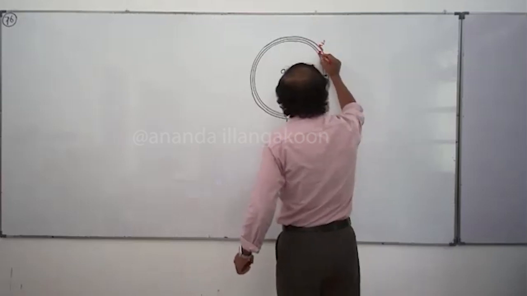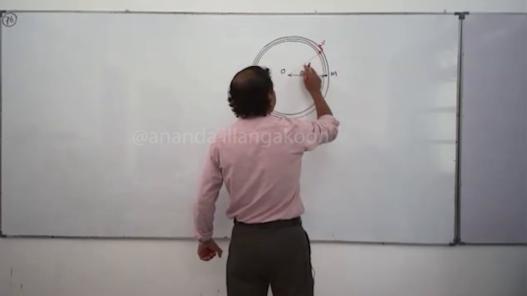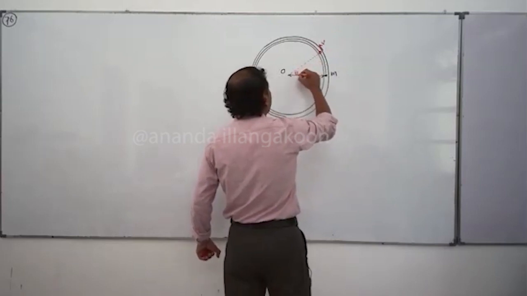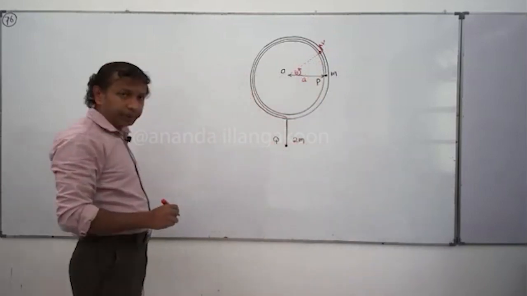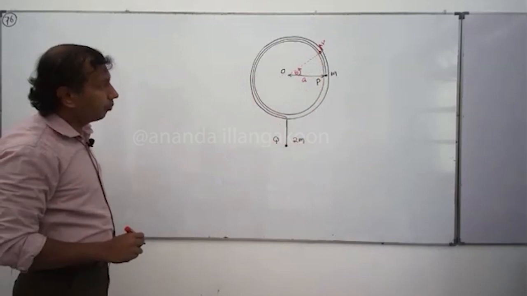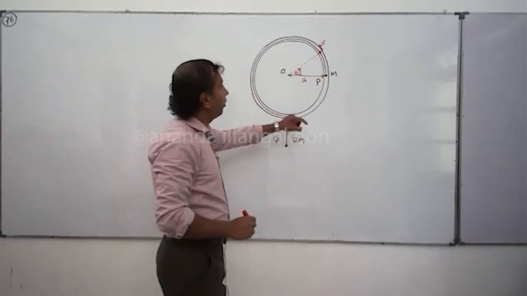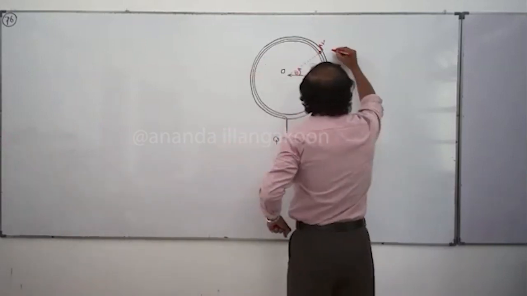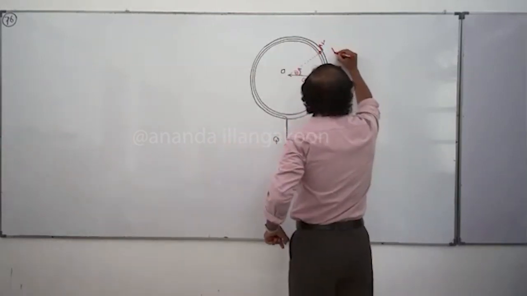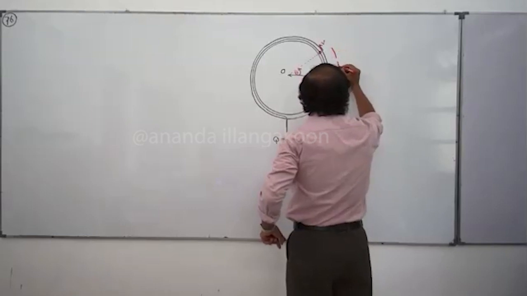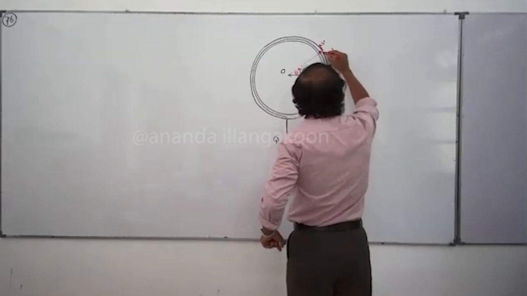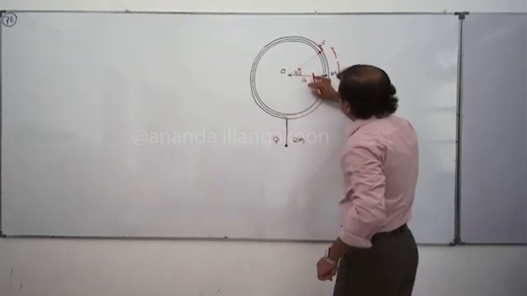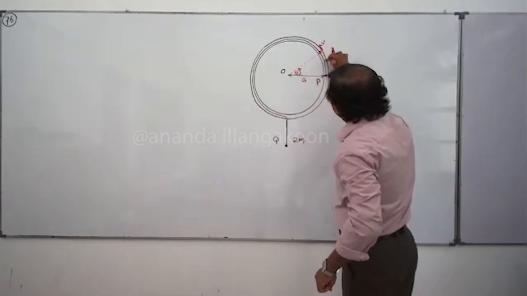Once you join that point, particle P, to the center, this angle is now theta. When the particle P moves from here to here, it has moved an arc length. The radius is a and the angle is theta, therefore this arc length is a theta.